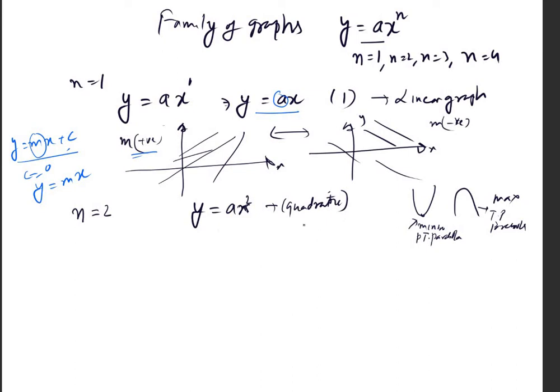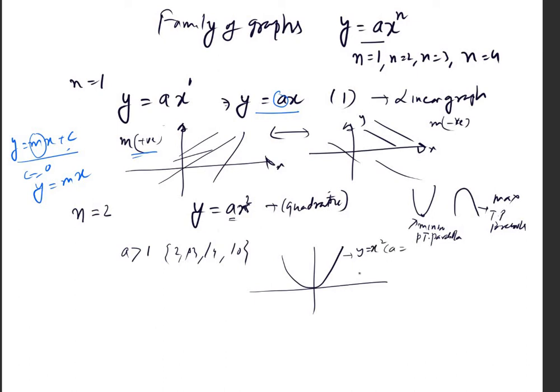Now, a lot depends upon this a here. So let's say if I start to increase a, so let's say if a becomes hypothetically 2 or 3 or 4 or 10, what will happen? Let's say this was my regular parabola, y equals ax squared. So let's say this a would have been not ax squared, probably x squared.